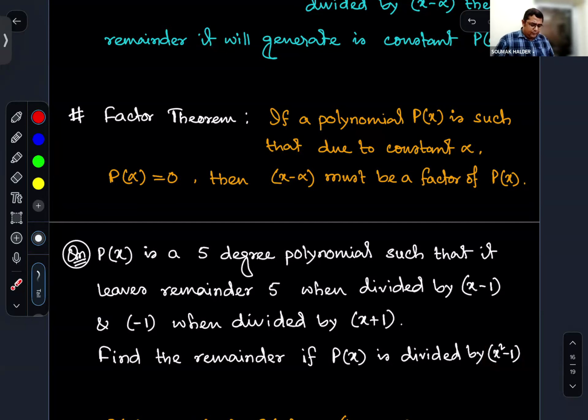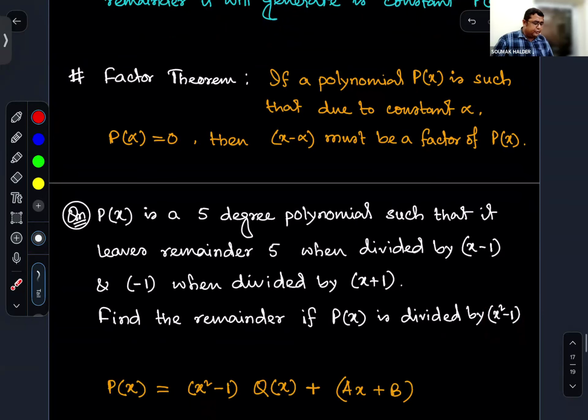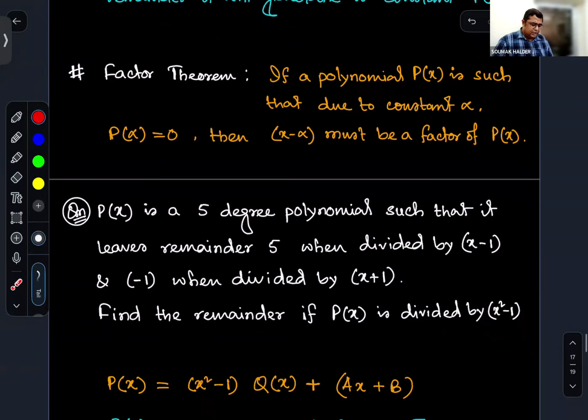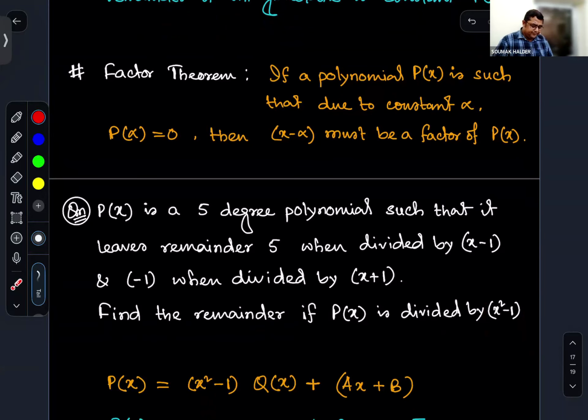Okay, so by division algorithm we can definitely mark as per Euclid's division lemma that dividend p of x is divisor x square minus 1 into some quotient of x added with the remainder which is at most of degree 1. Can you stick to this part?